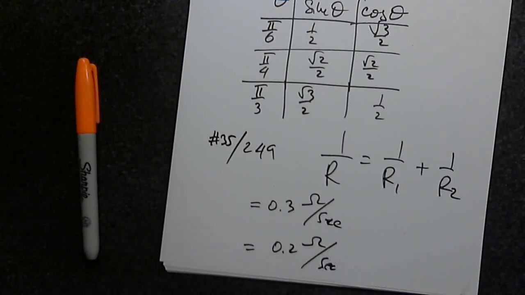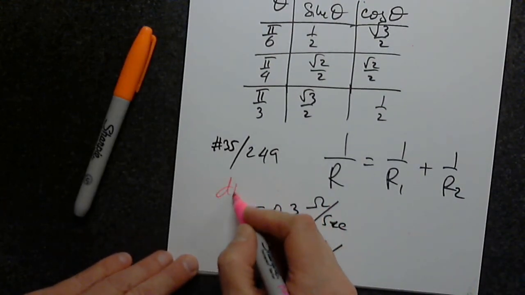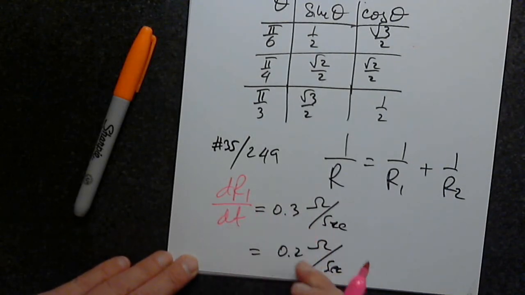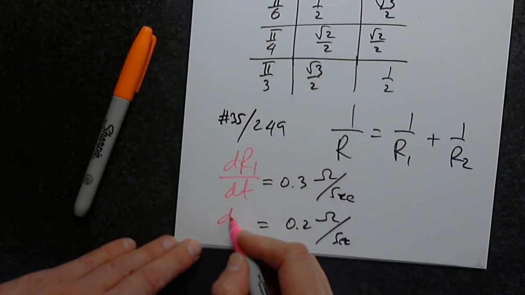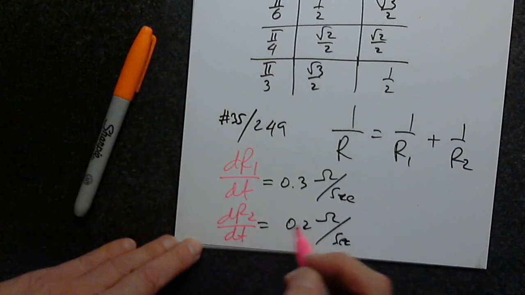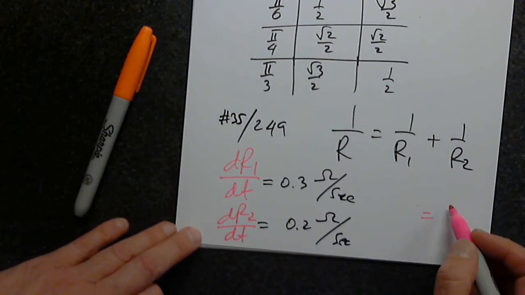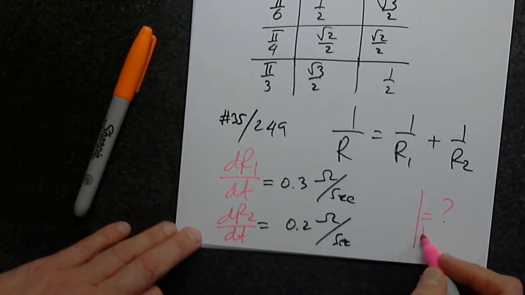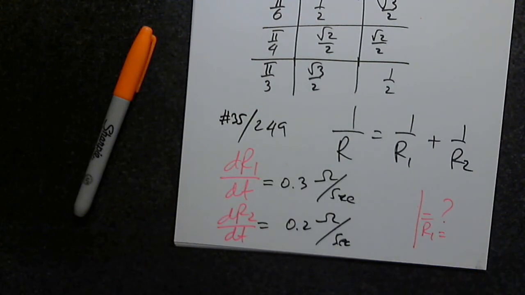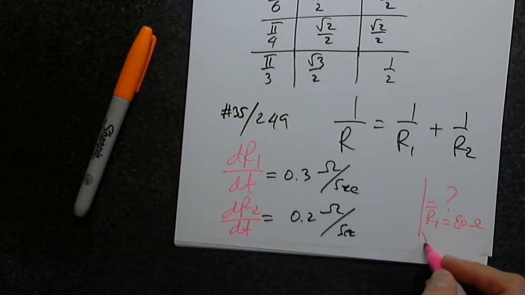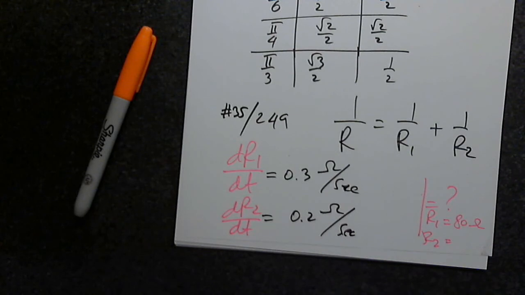What does the first one represent? dR1 over dt and dR2 over dt. And we're asked to determine when R1 is 80 and R2 is 100.